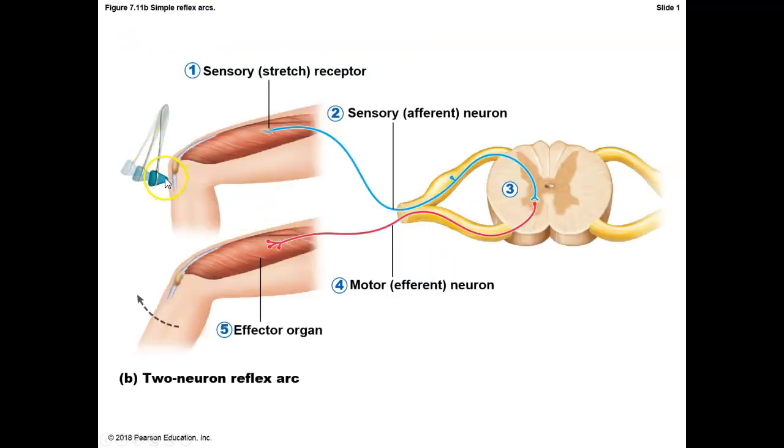The sensory receptors pick up the smack with the little hammer, pull in the information, and send it to the integration, but there's no actual integration center. So the sensory receptors basically act as the integration region within the CNS and send a response through the efferent neuron, the motor neuron, to the effector, and the effector then contracts, causing your leg to jerk.